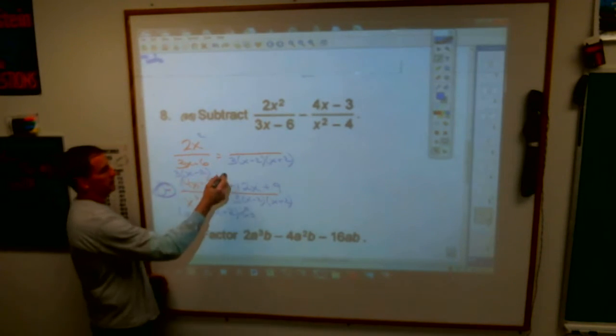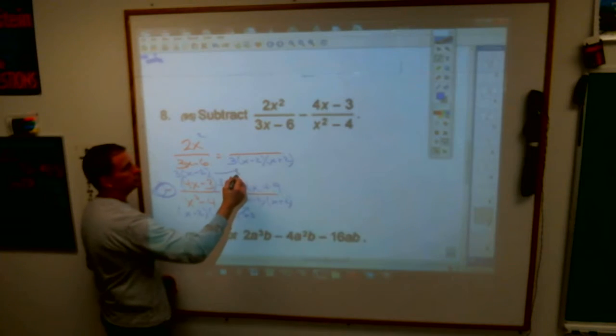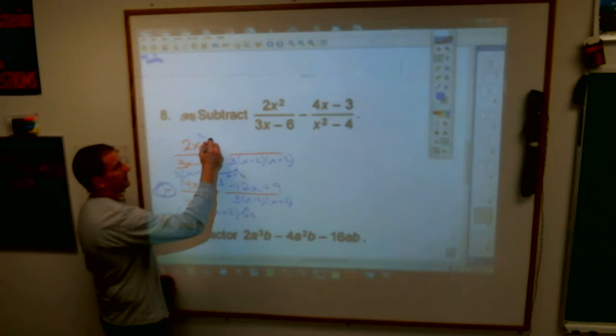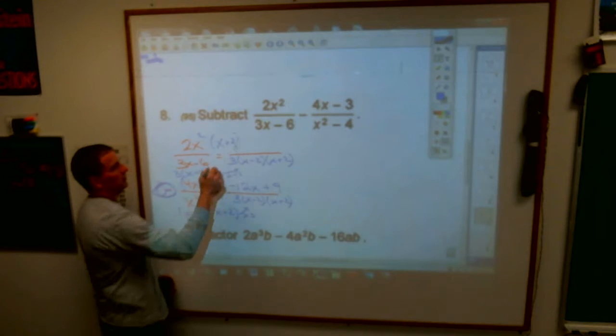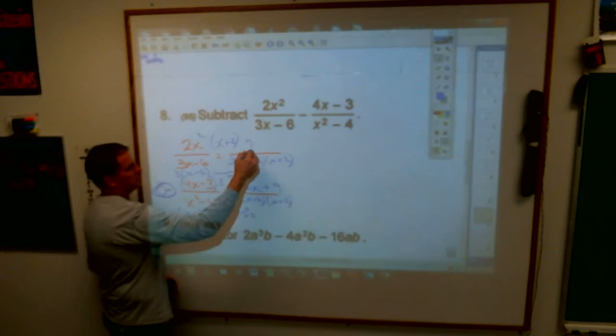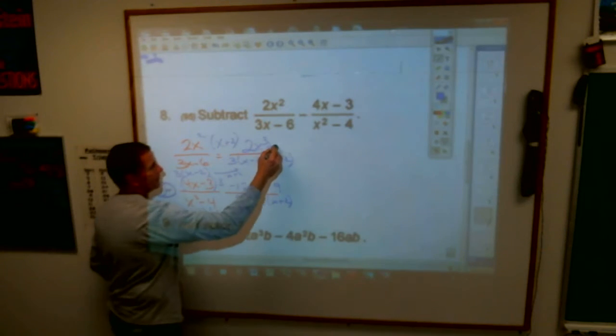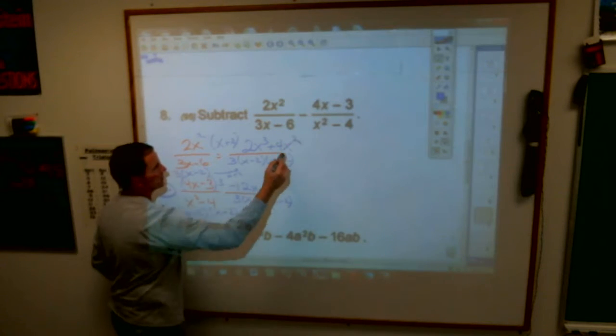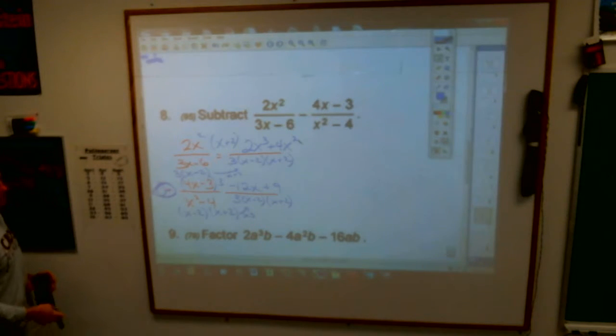Here you're missing the x plus 2, so you have to multiply the top by x plus 2. Little distributive property there gives you 2x cubed plus 4x squared. Maybe did you do it this way?